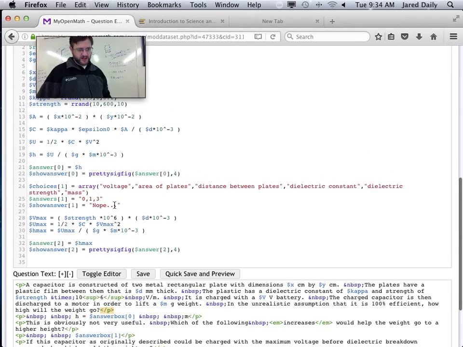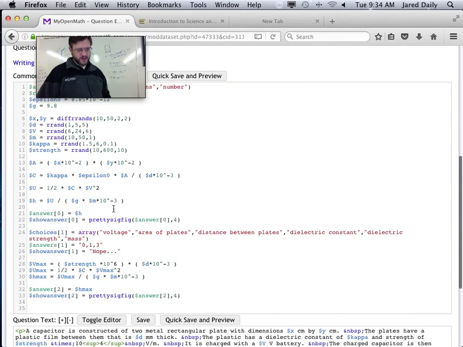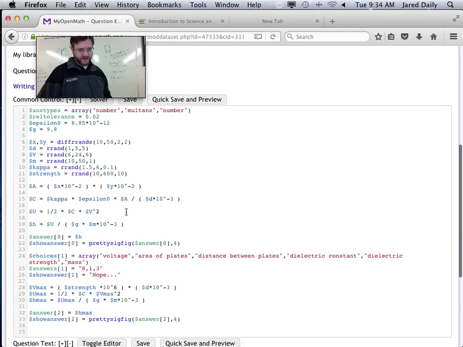Let me look at the coding here really quick and see if they've got the same thing we do. So they've got potential energy, which is 1/2 CV squared. Oh wait, did we square our voltage? We did not. We forgot to put in the voltage squared.